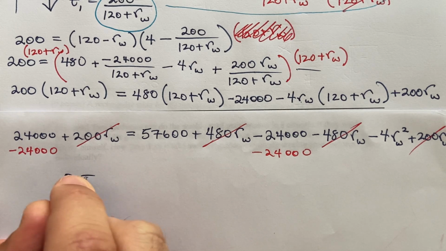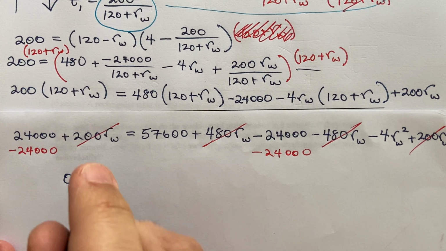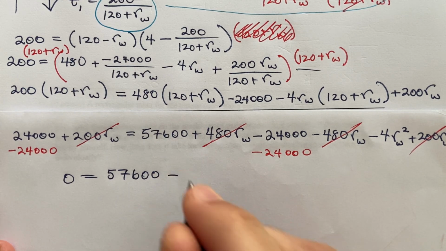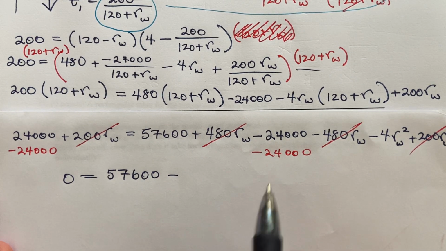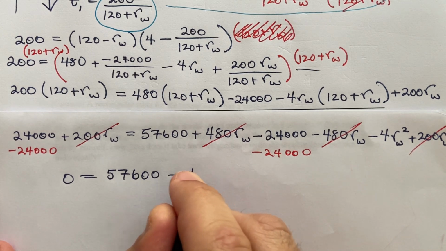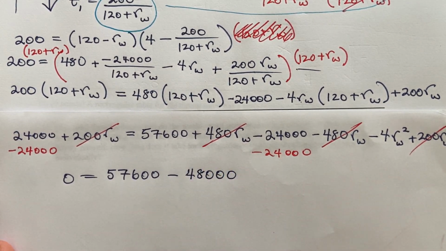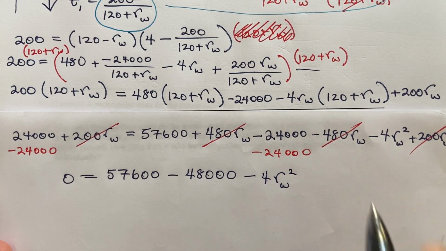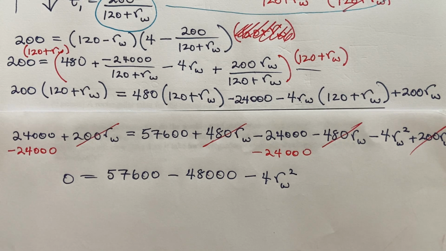Okay. So 0 equals 57,600 minus, this would be negative 48,000, right? And then I have minus 4 R sub W squared. Just making sure I have everything accounted for. It looks like I do.